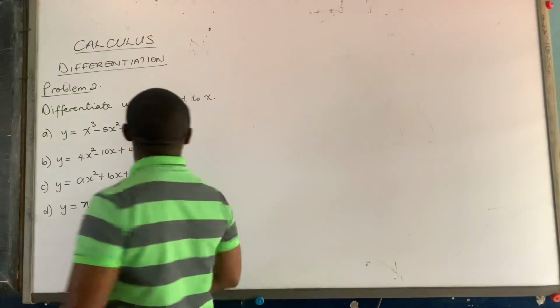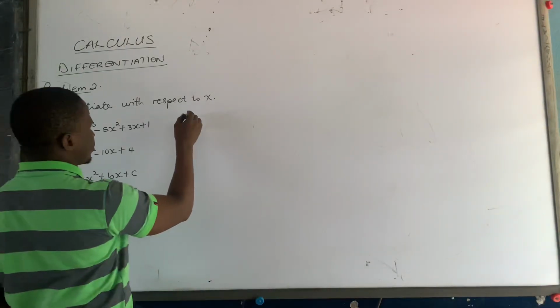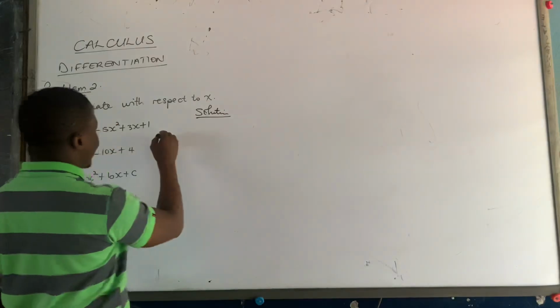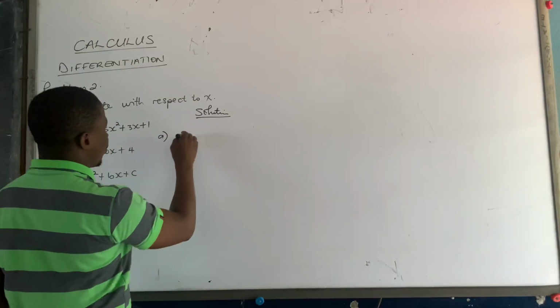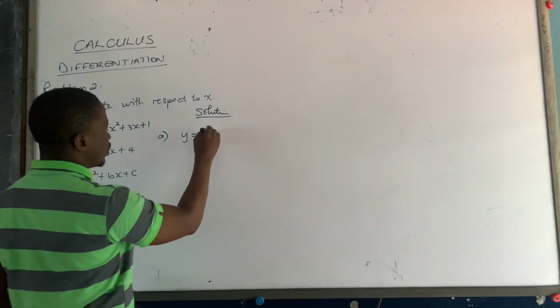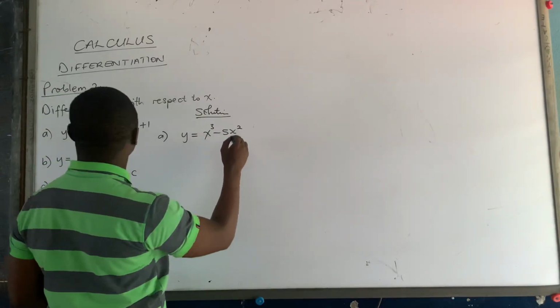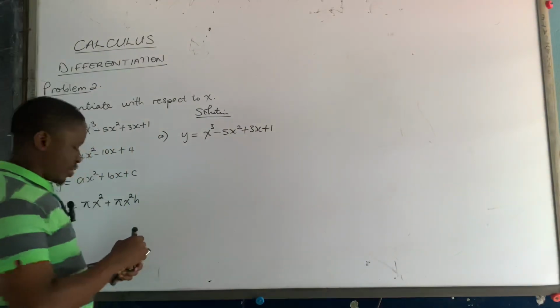All right. So to start with, let us say solution here. The first one says y is equal to x cubed minus 5x squared plus 3x plus 1.